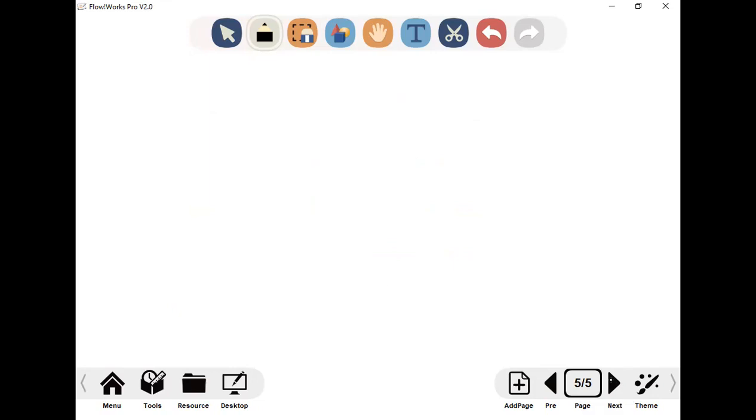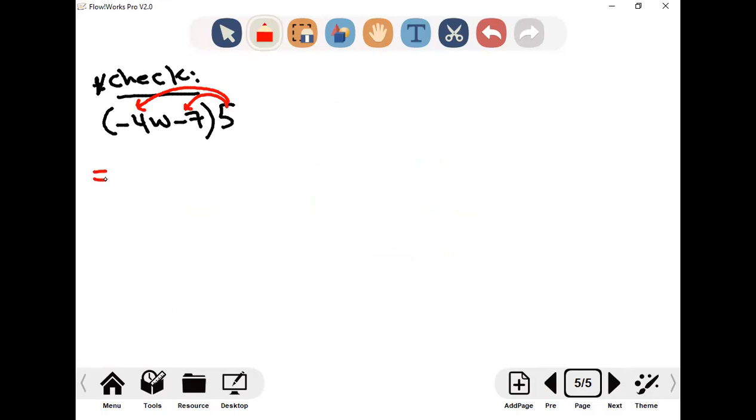We have this check: negative 4w minus 7 multiplied by 5. Let's distribute the 5 on the parentheses. So this is equal to negative 20.